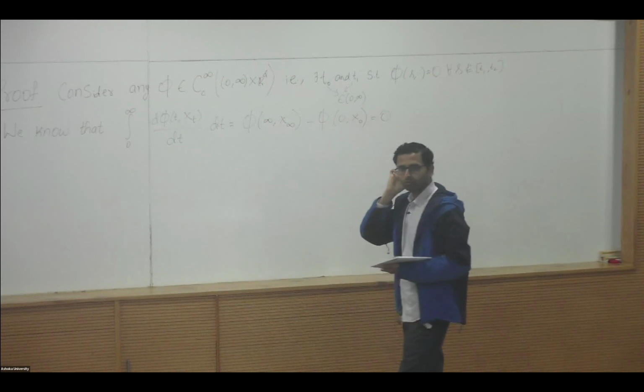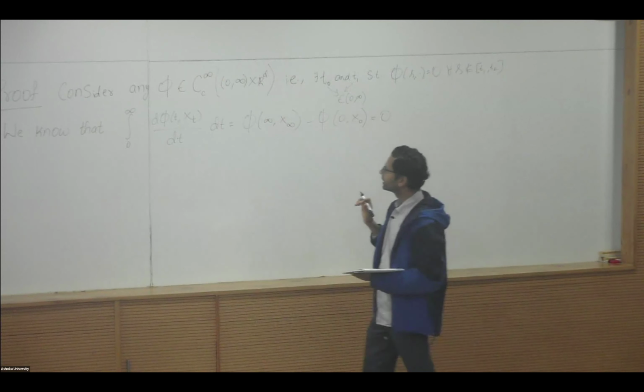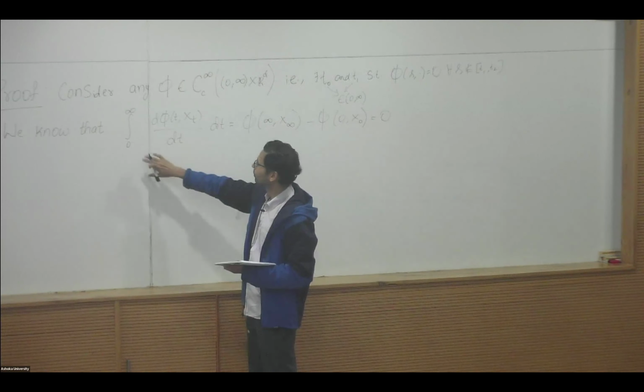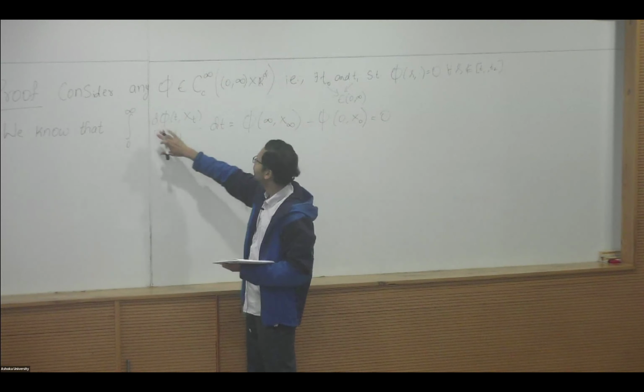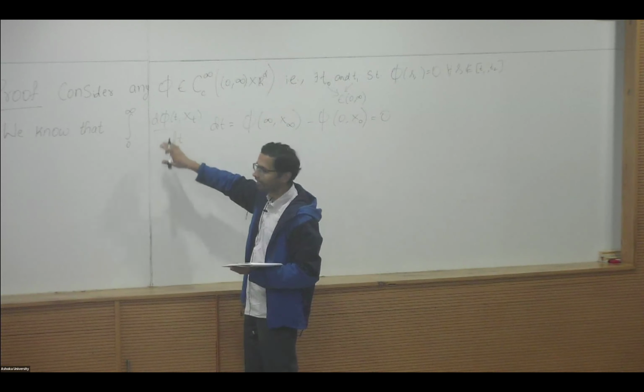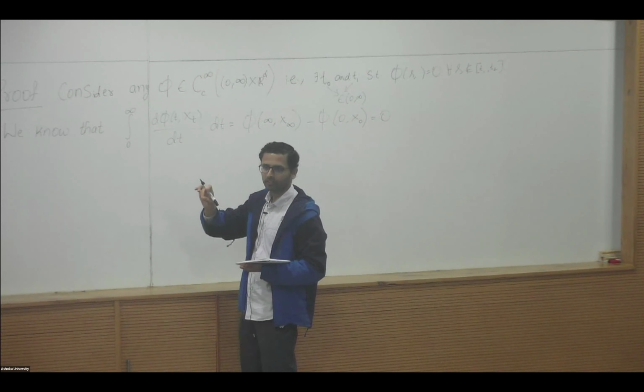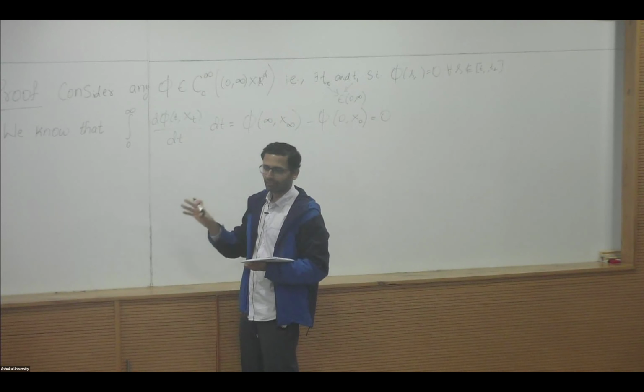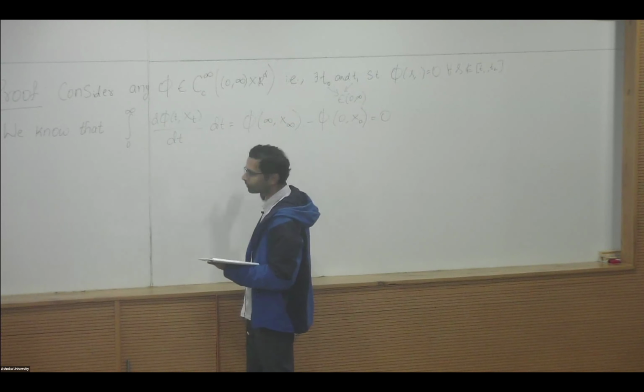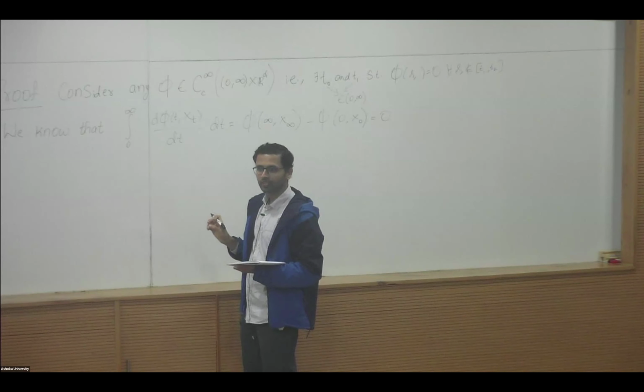So we have phi which is compactly supported, and we are integrating how it varies from 0 to infinity. Because phi is compactly supported, it can have any variation only between T0 and T1, and beyond them it's equal to 0. So this entire integral will be equal to 0.